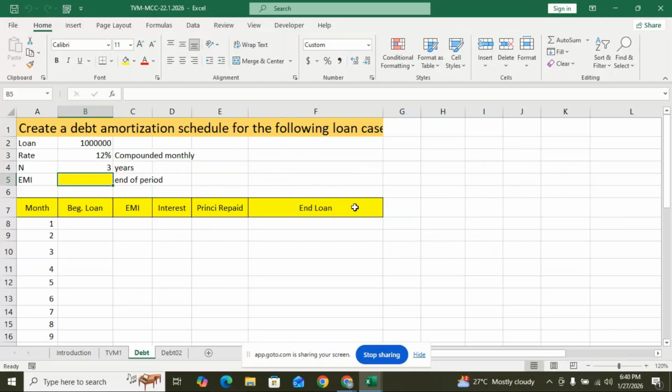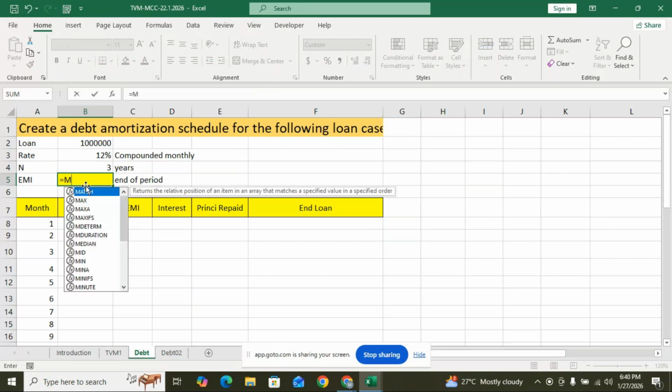Right. So I hope all of you have calculated the EMI for case 1, for debt 1. Did all of you get 33,000? So what formula do we apply here for calculating the EMIs? Equals to PMT.